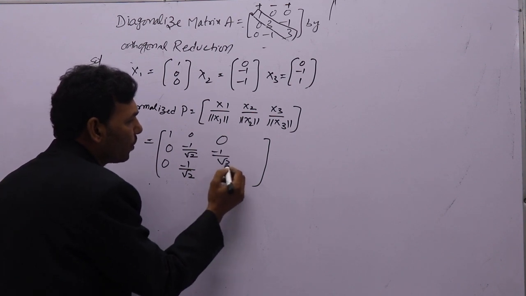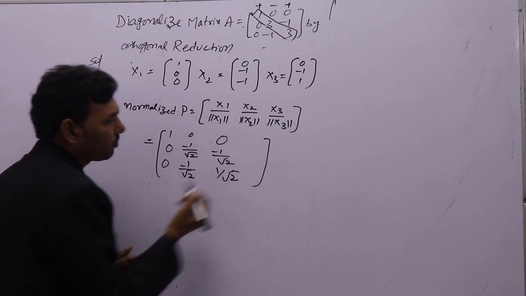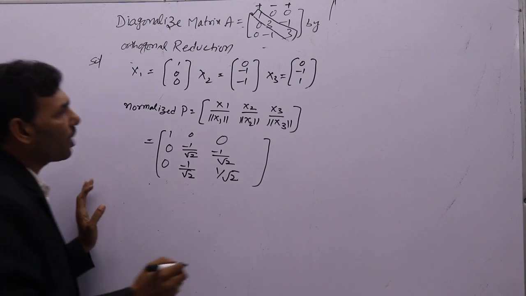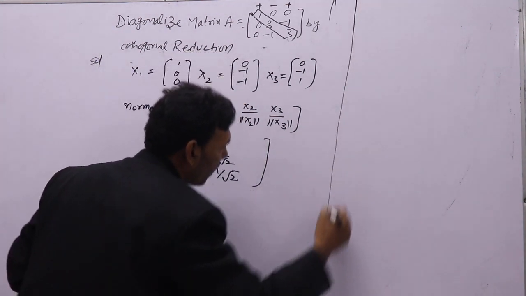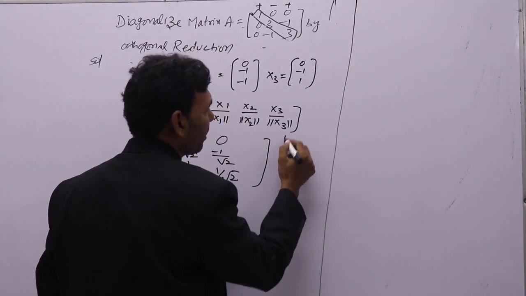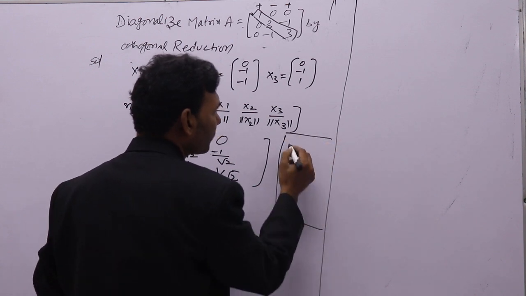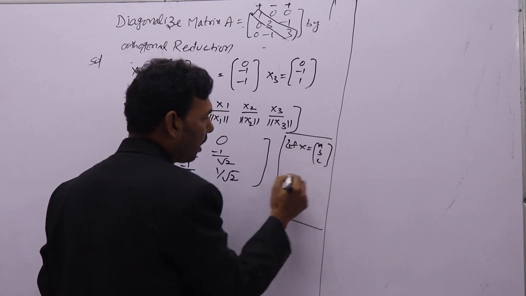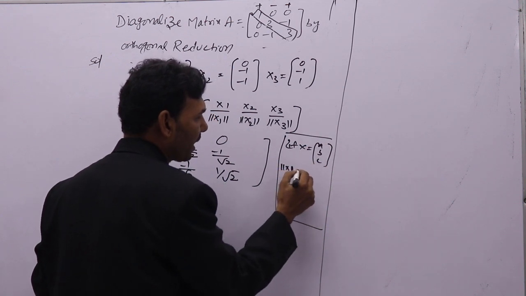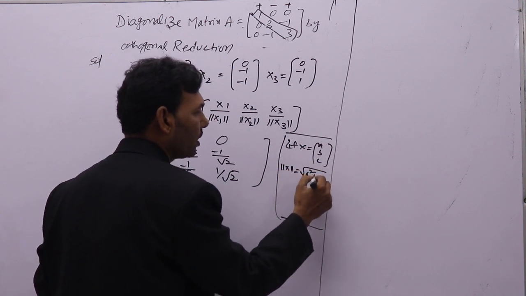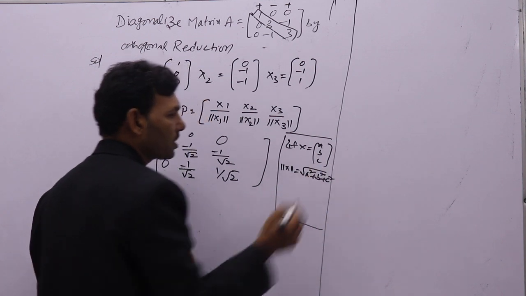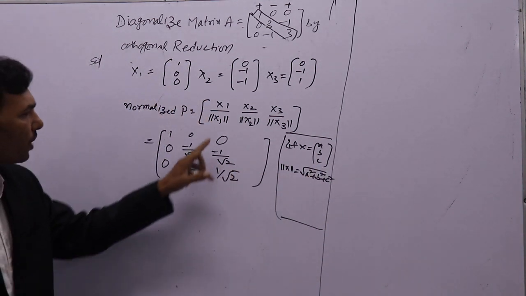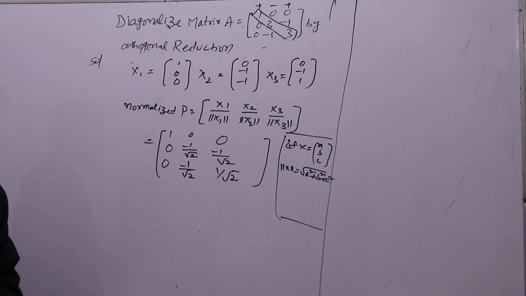Minus 1 by root 2, 1 by root 2. So this is the formula you need to remember to find the norm. If x equals a, b, c, the norm x can be calculated like this, root of a square plus b square plus c square. If you can remember that one, you can easily write the normalized P matrix.